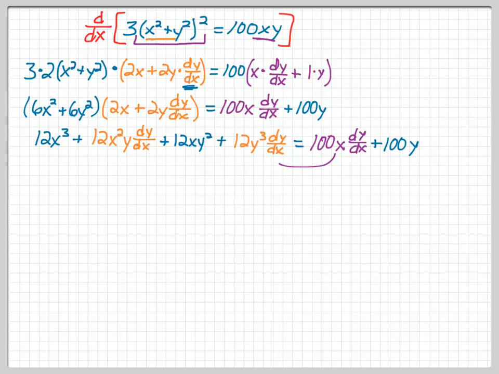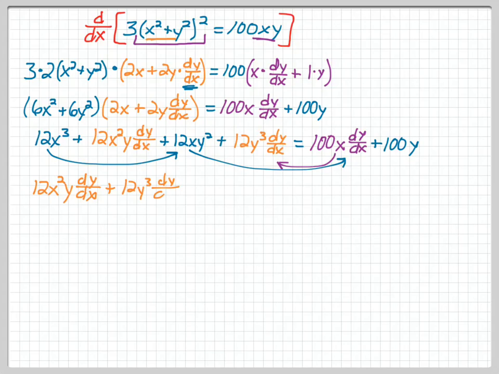Okay, so we need to get the dy/dx terms to this side, and the two non-dy/dx terms to the other side. We move all of those over in one fell swoop, and we have 12x squared y dy/dx plus 12y cubed dy/dx minus 100x dy/dx equals 100y minus 12x cubed minus 12xy squared.